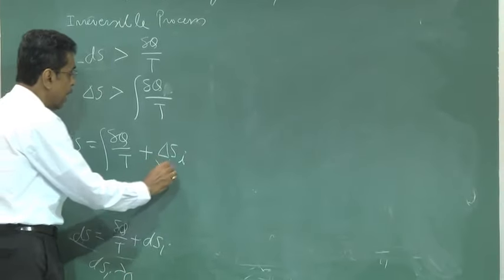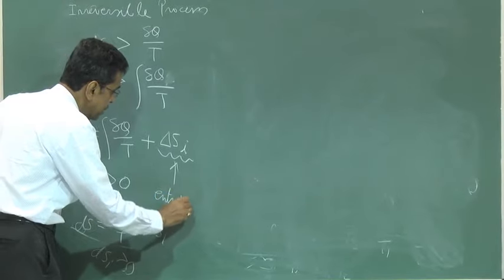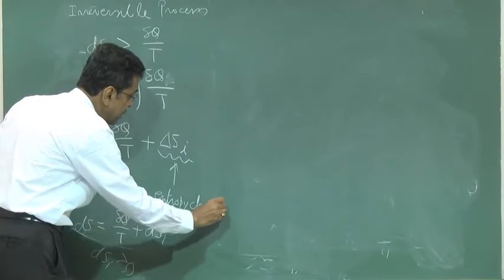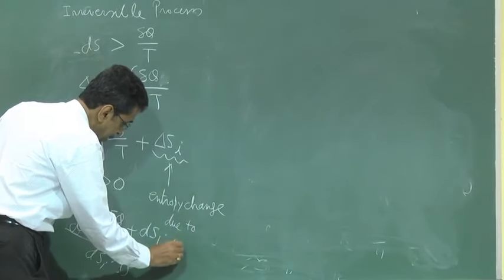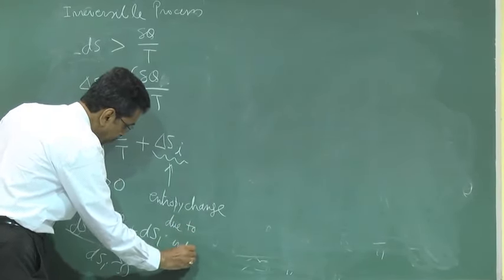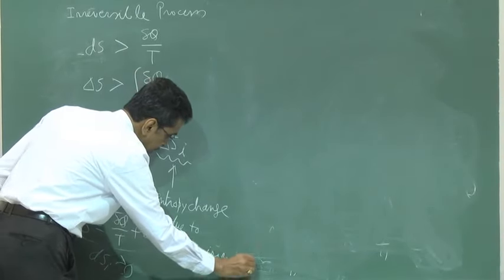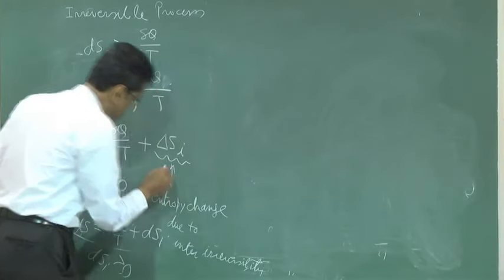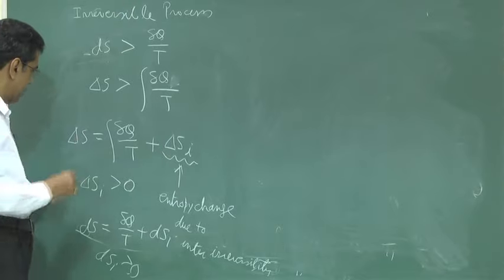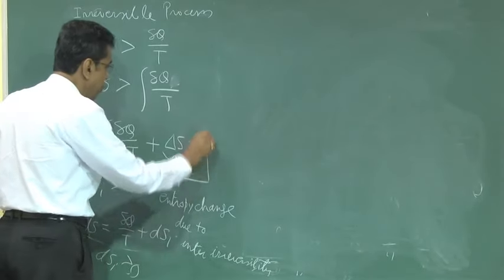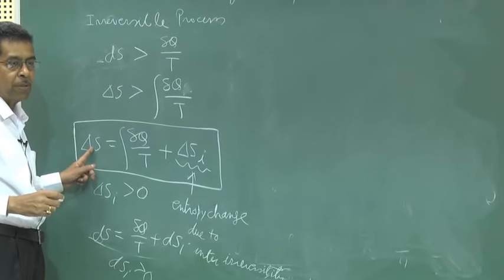This is known as entropy change due to internal irreversibility, as I have described earlier, and it is always greater than 0. So, this is one very important relation in classical irreversible thermodynamics.